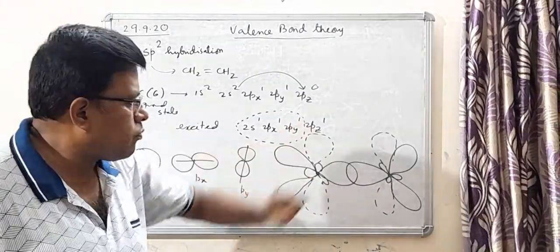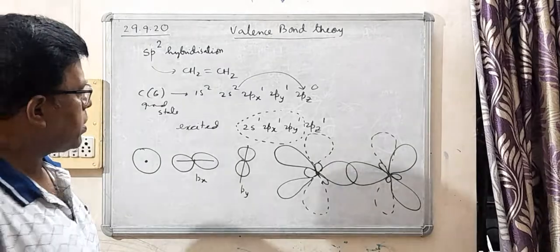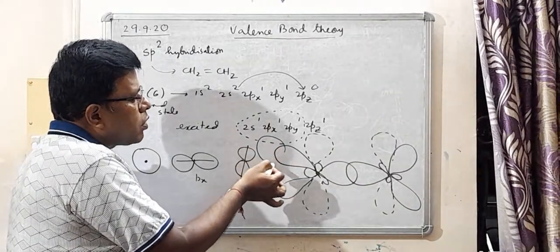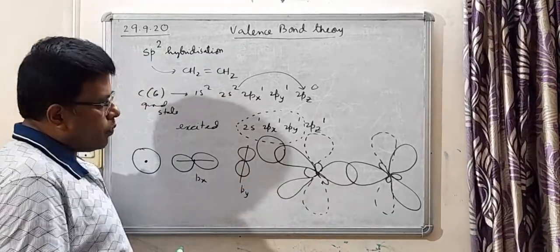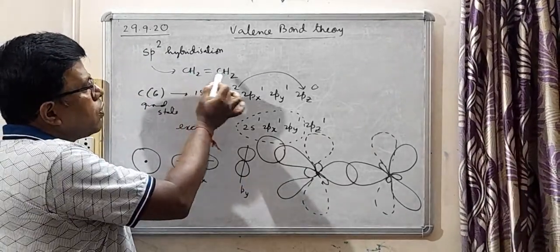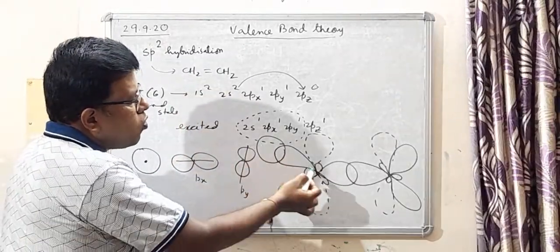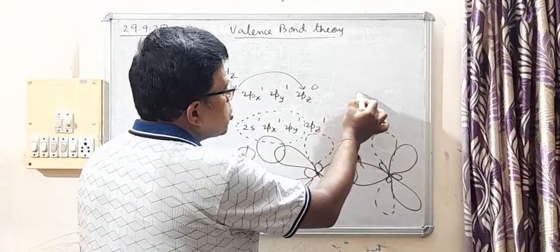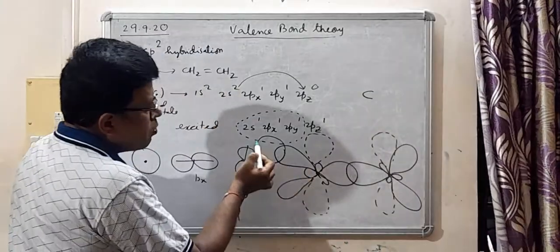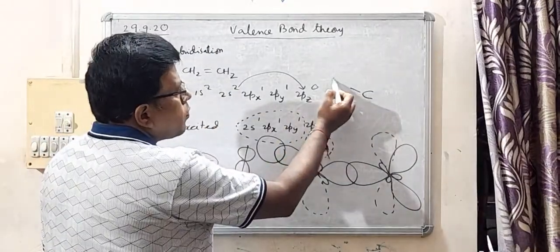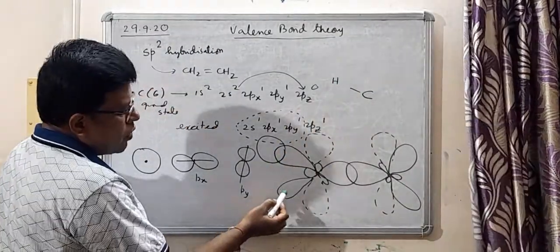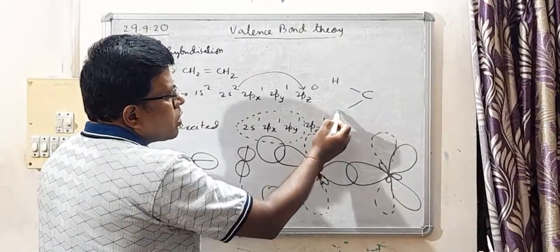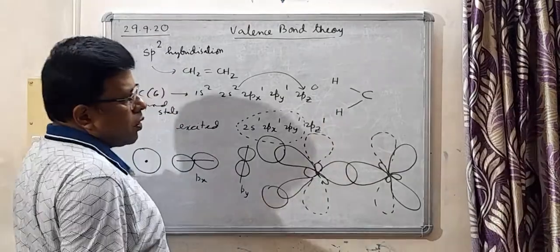This pz we have drawn, and now this sp2 will overlap with 1s of hydrogen. Hydrogen is the surrounding atom. A sigma bond will form between carbon and hydrogen. Let me show it here. Sigma bond between carbon and hydrogen. Similarly, this one will overlap with 1s of hydrogen, so a sigma bond is formed.